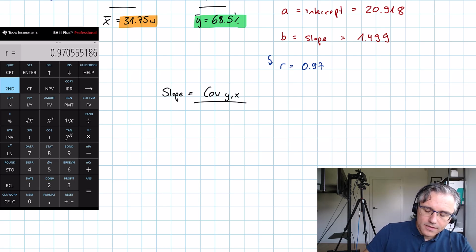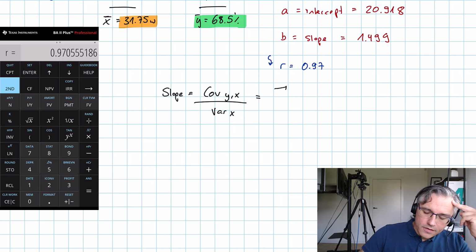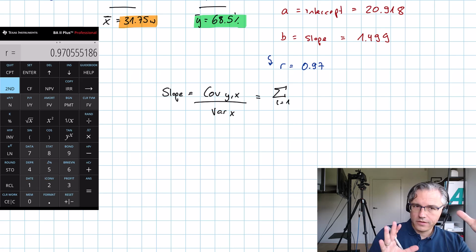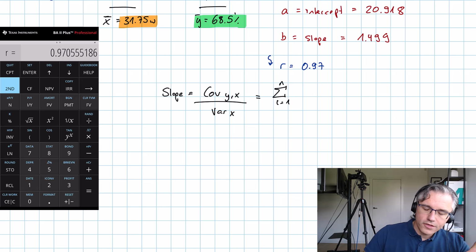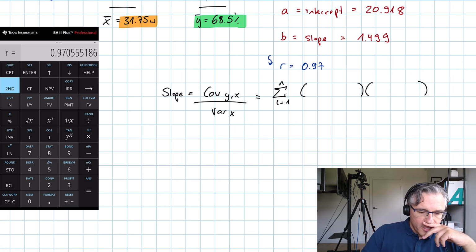To compute the slope the old school way, you would take the covariance between y and x and divide by the variance of x. Now this is good practice if you've forgotten how to compute covariance and variance, going through it at least one more time. Covariance is the sum, starting with the first observation out of the 4 in the sample and finishing with the 4th one, of the following product.